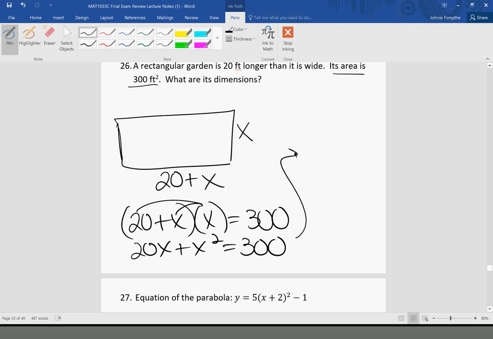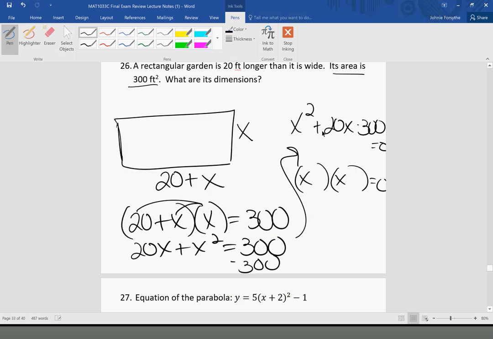Whenever you're solving a quadratic, you want to set it equal to 0. So we're going to subtract this 300. So we'll have x squared plus 20x minus 300 equals 0. And then from there we would factor. So we need to set this up. We need x times x.